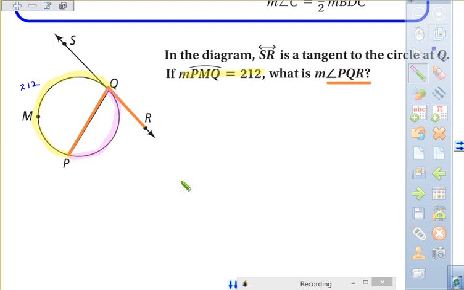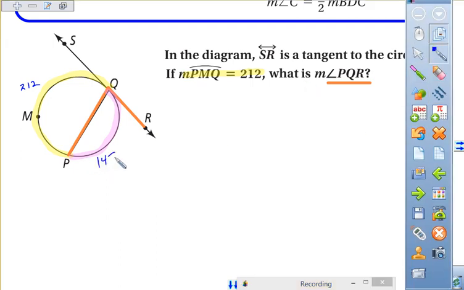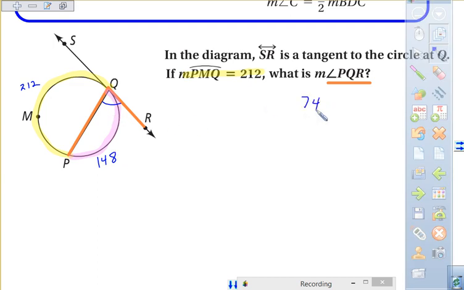Yellow plus pink should be 360, so the pink is 148. Then this orange angle is going to be half of 148, so we get 74.